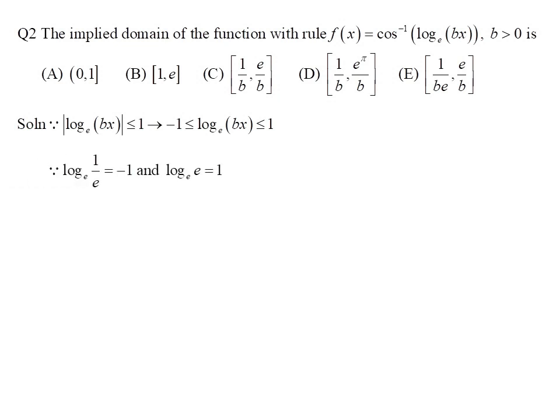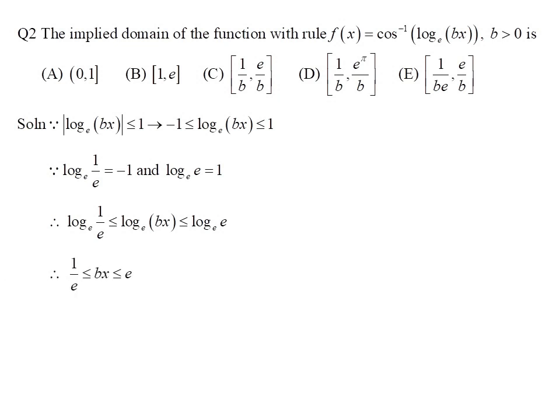Since logarithm base e of 1 over e equals negative 1 and logarithm base e of e equals 1, logarithm base e of bx is greater than or equal to logarithm base e of 1 over e, but less than or equal to logarithm base e of e.